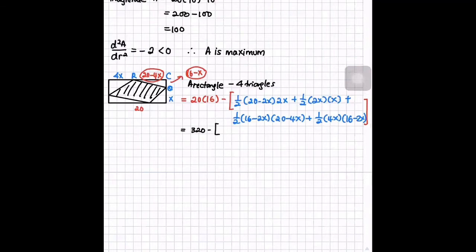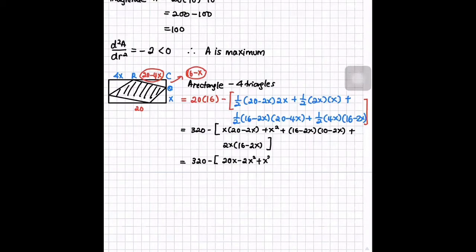And then you slowly go and expand and solve one by one. I hope I'm not making any careless mistake. 32 minus 20.